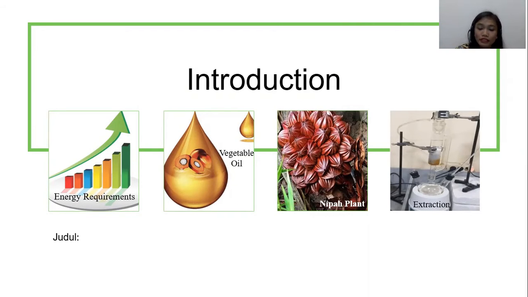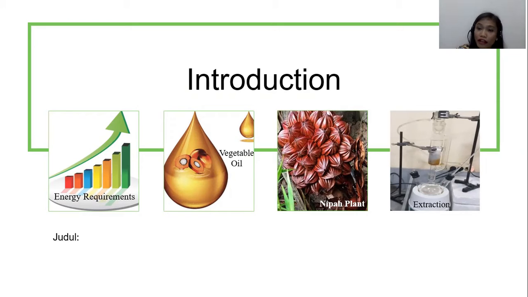One of the materials that can be renewable and found in nature is derived from plants. One of the plants that has potential as biodiesel fuel is Nipah. Apart from being processed as a fruit ingredient, Nipah plants have a sort of oil that can be used as renewable energy.